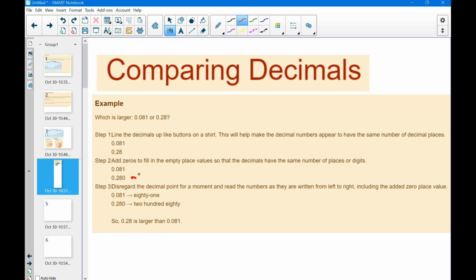I don't necessarily do it that way, because all you really have to do is look at the numbers from left to right and see which ones are the largest in that order. And right away you see that the 2 is larger than the 0, so 0.288 is larger than the other number.